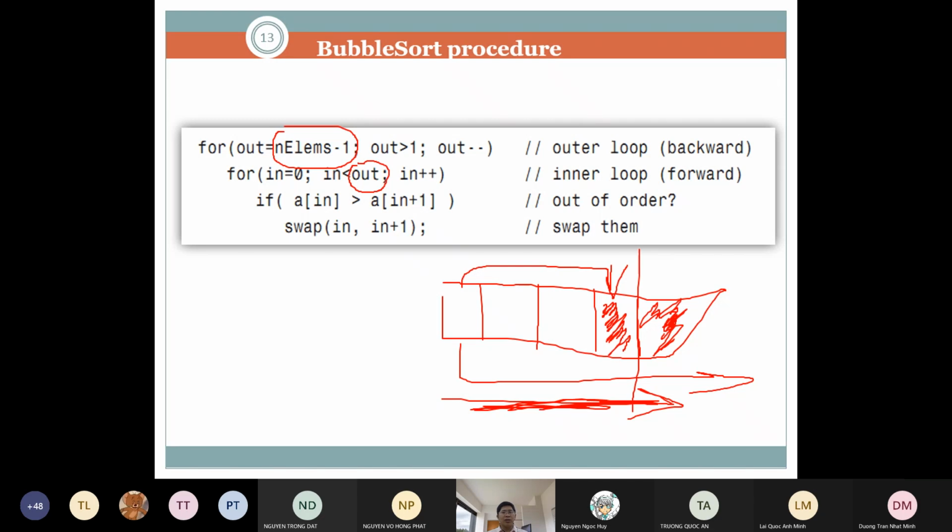So the idea is we try to modify our invariant somehow. So we try to put the smallest item to the... no, if you just do it, it's not correct.